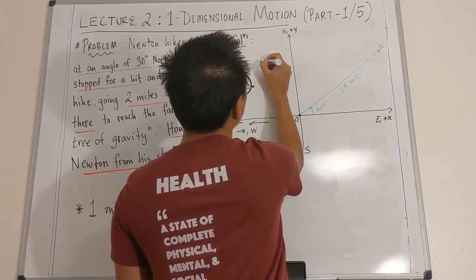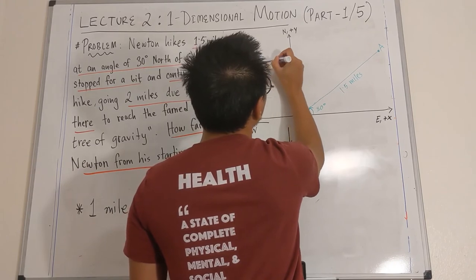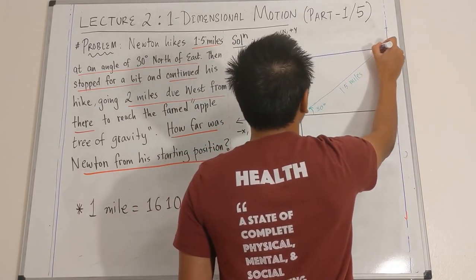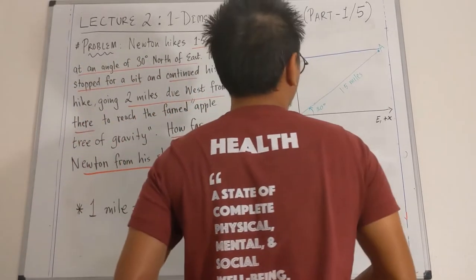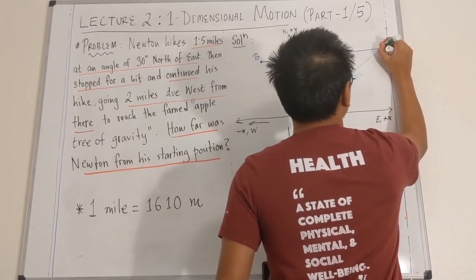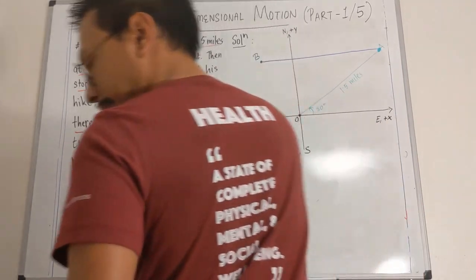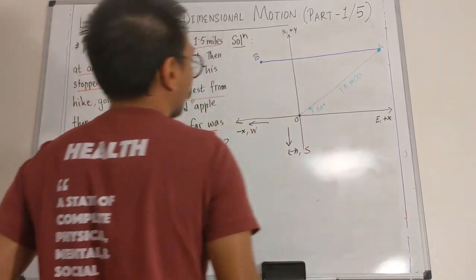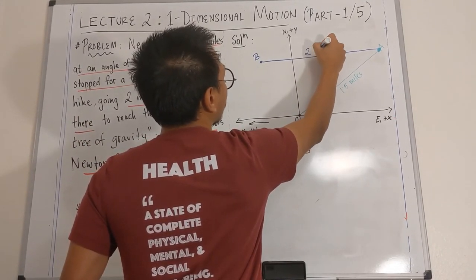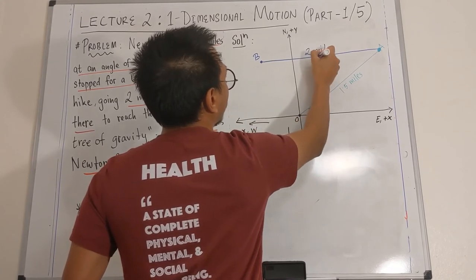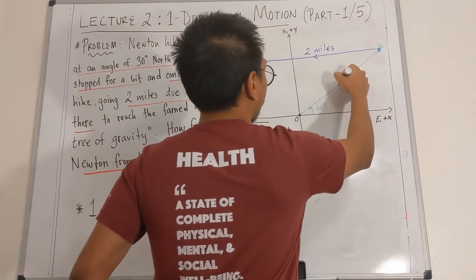So let's call this B and draw a straight line. Forgive my ineptness in drawing straight lines on the board. Sorry about that. Okay, so this is denoting a distance of 2 miles due west. Oh, I forgot to show the direction on the green line.